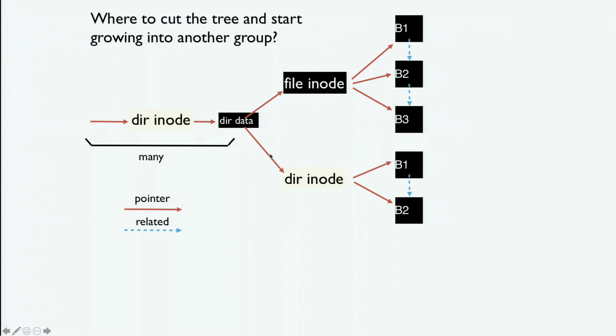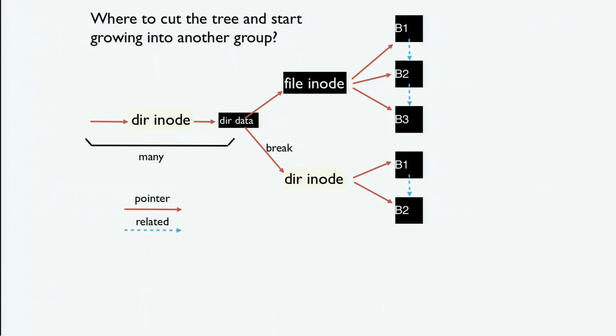So the choice that designers have made and seems to work well in practice is to cut our tree here. So if you're in a directory and you create another subdirectory, that's when we'll decide it's a good time to go to another cylinder group or block group for that new directory. And then within that new directory, we'll have locality again for all of its files and the inodes and the data that go with those new files.